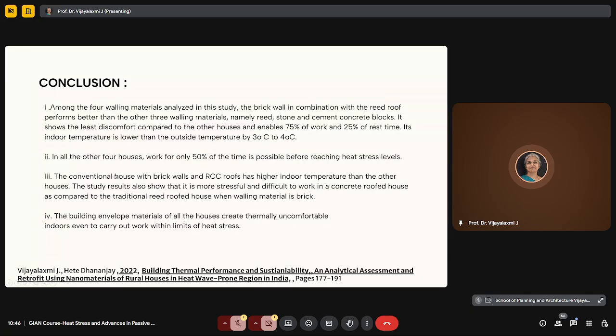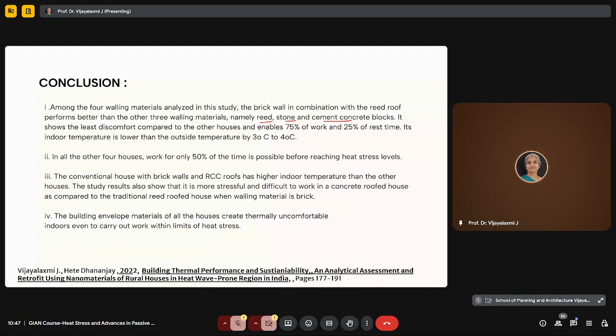Among the 4 walling materials analyzed in this study, brick wall in combination with reed roof performs better than the other 3 walling materials, which are reed, stone, and cement concrete blocks. It shows the least discomfort compared to the other houses and enables 75% work and 25% rest time.